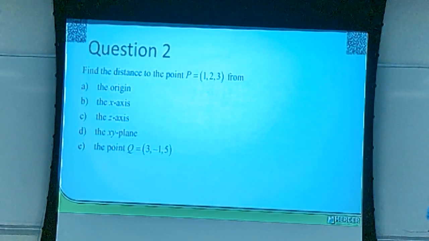All right, so we're dealing with space, a 3-dimensional coordinate system. We want to find the distance from the point 1, 2, 3 to each of these. Start with the origin.